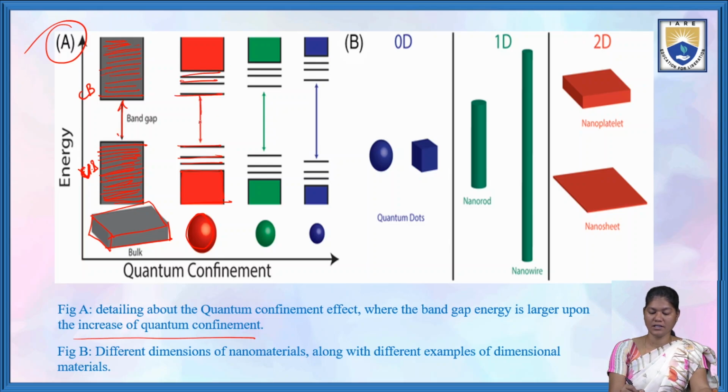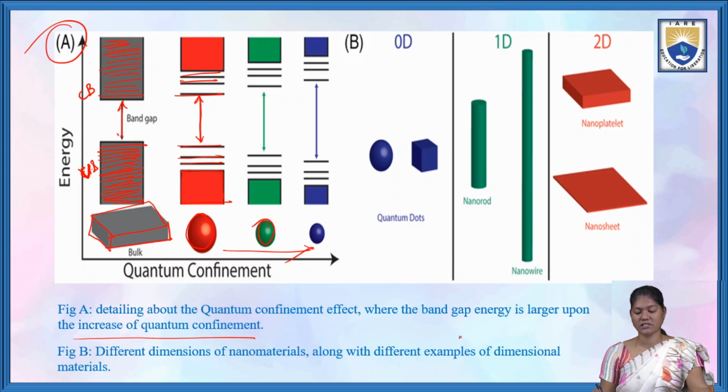Here the width of the band gap increases. When reducing again to a smaller particle, the band gap is increasing more and more, so the electrons in the valence band are confined between these energy levels. When the electrons are confined, the properties are different; it shows different properties.